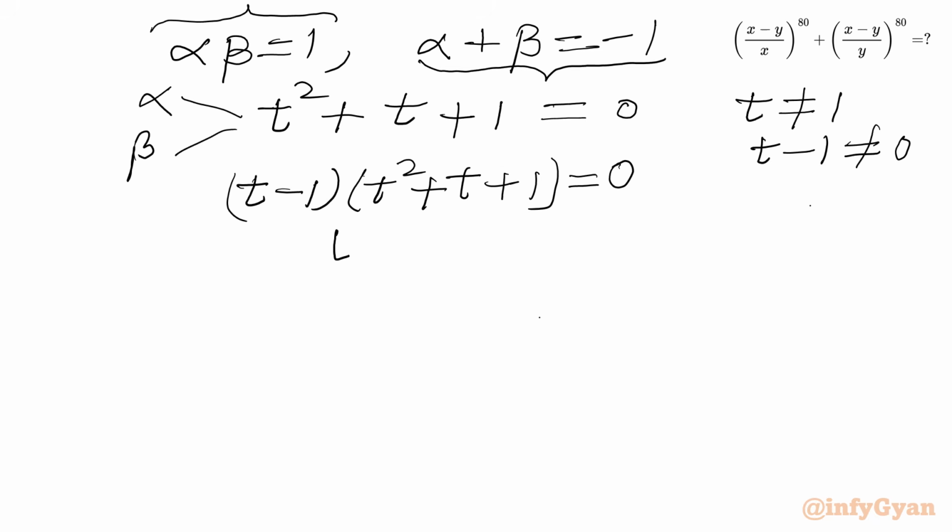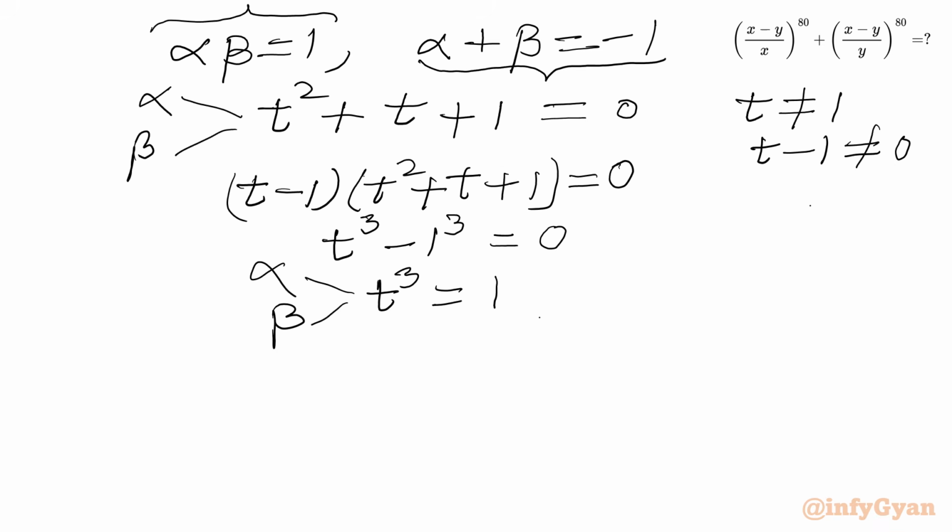And this is the formula of t cube minus 1 cube equal to 0. So from here we will get t cube equal to 1 cube, or 1. And t is either alpha or beta, so we will write here alpha cube equal to 1 and beta cube equal to 1.